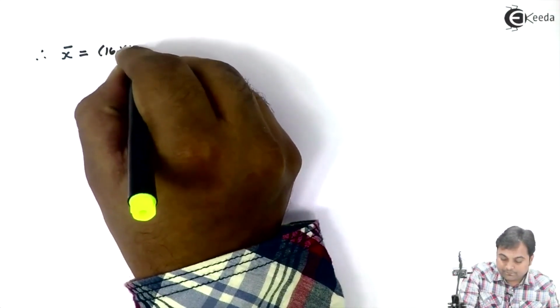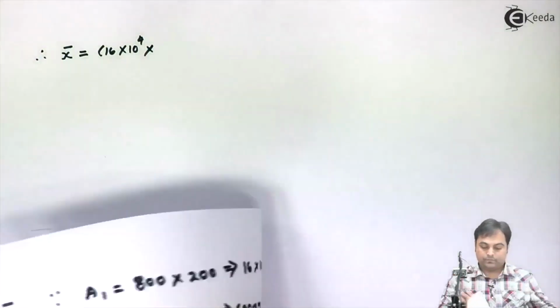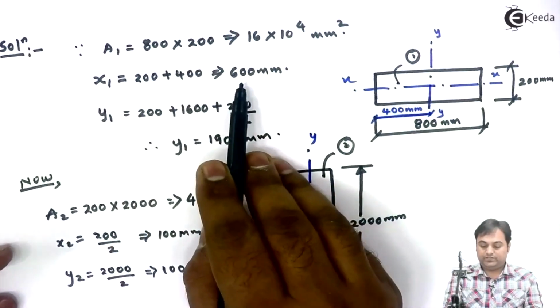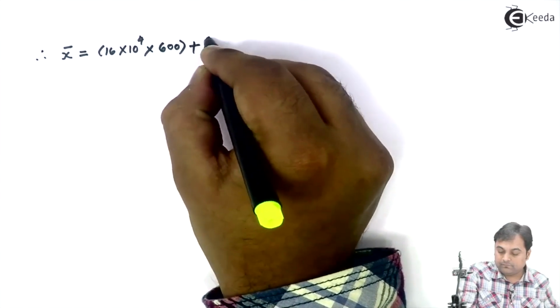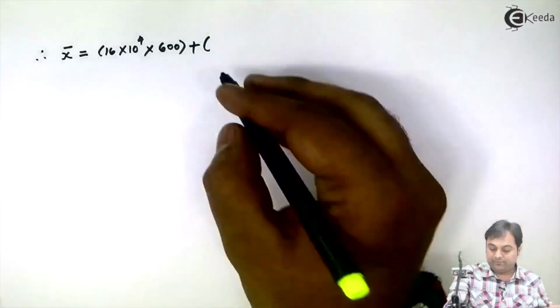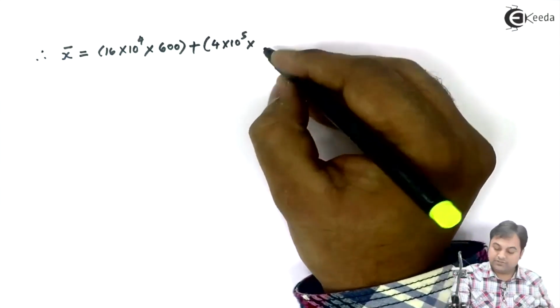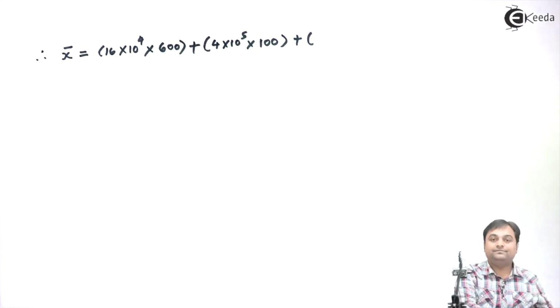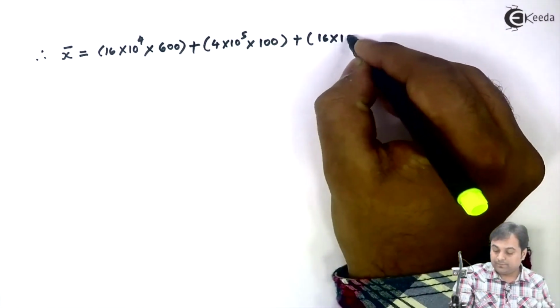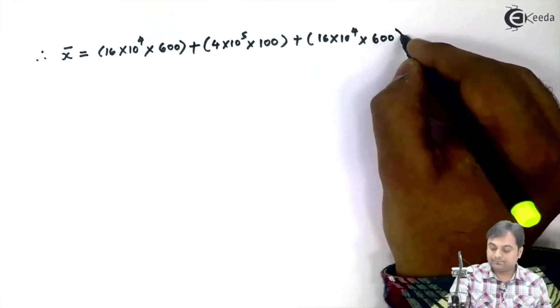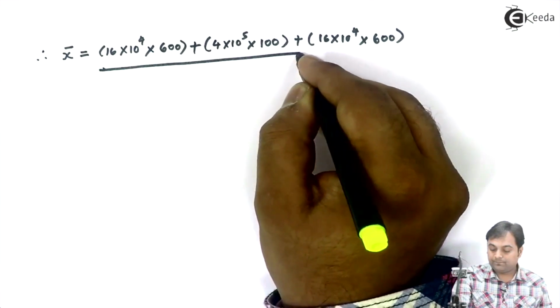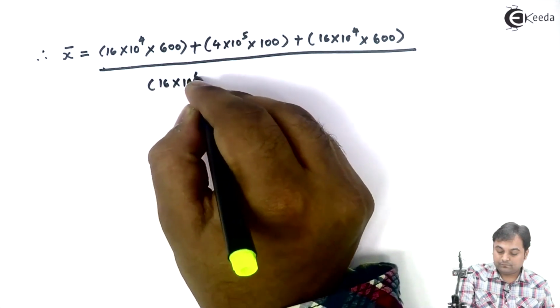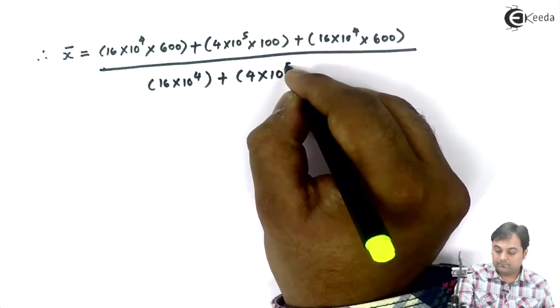So therefore x bar will be equal to a1, the value is 16 into 10 raised to 4, into x1, it is a1 x1, so x1 is 600, plus a2 x2, a2 is 4 into 10 raised to 5, x2 is 100, plus a3 is 16 into 10 raised to 4, x3 is 600, divided by area 1 plus area 2 plus area 3.